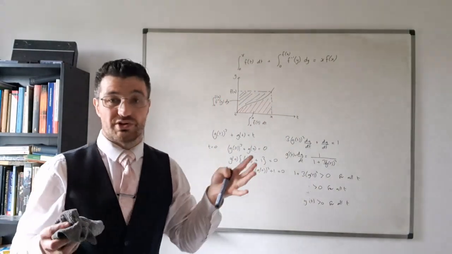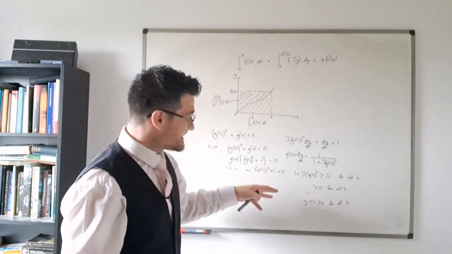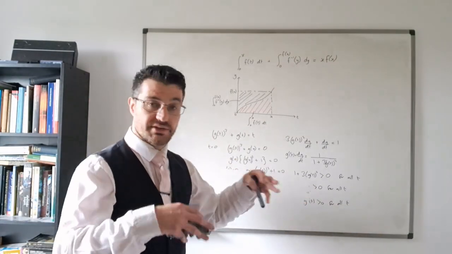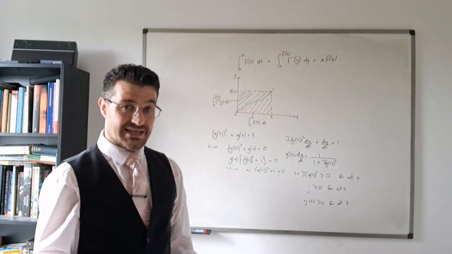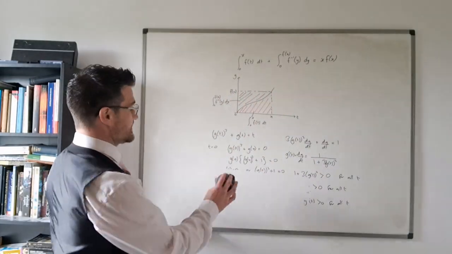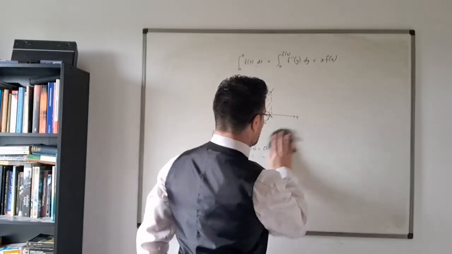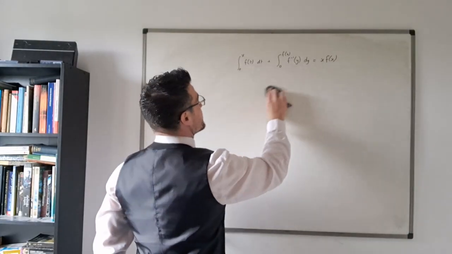Okay, that should be one of the first things that you realize: the reason that you've been asked to show these things, that g of 0 is equal to 0 and the derivative of g is greater than 0 for all t, is that it points towards you being able to apply this. Okay, so let's have a look.